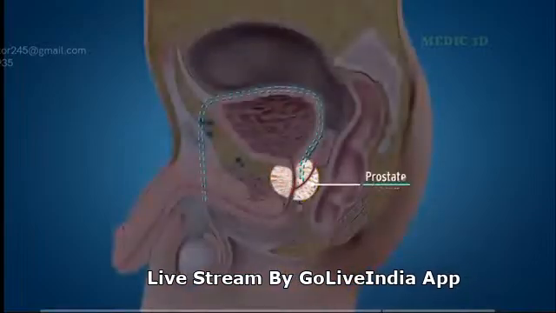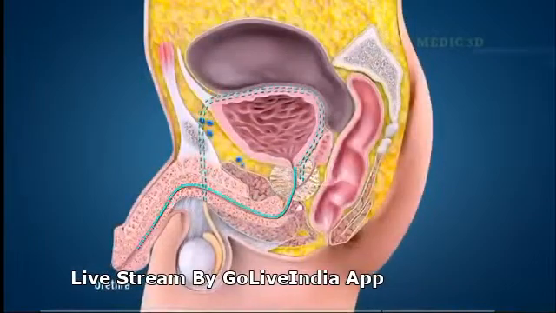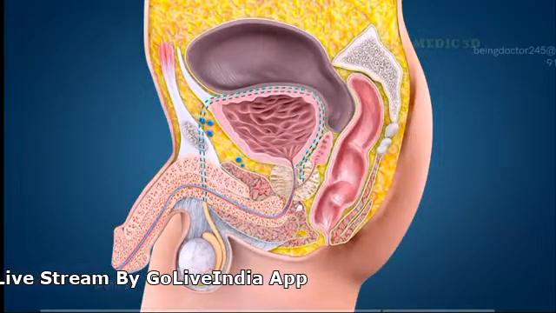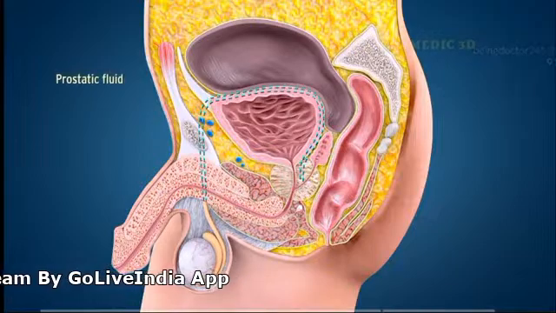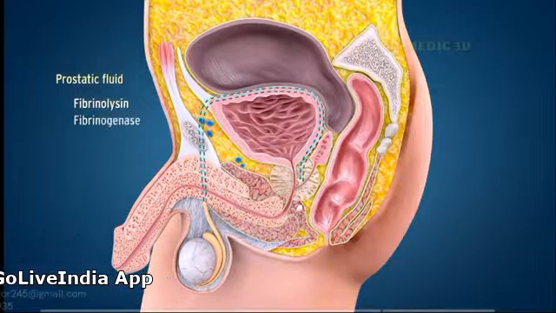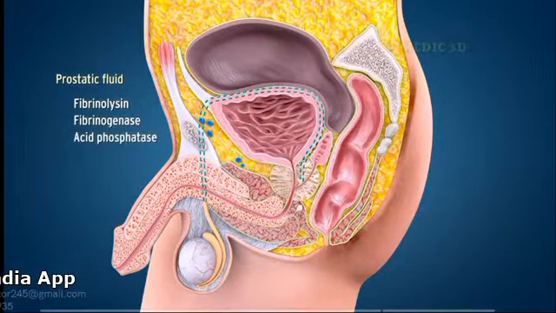The prostate is the largest gland of the male reproductive system. The urethra passes through the center of the prostate and joins the ejaculatory duct in the prostate. The prostatic fluid is rich in fibrinolysin, fibrinogenase, and acid phosphatase.